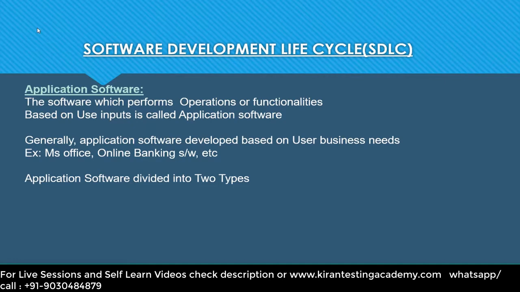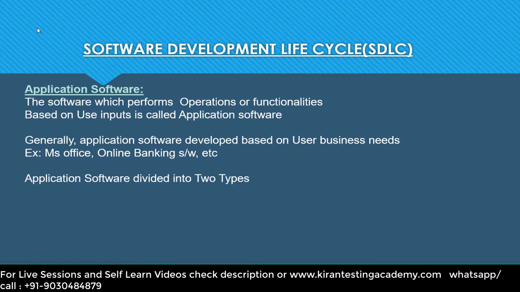A simple calculator application is application software. A banking application is generally developed based on client needs or business needs. The recording software I am using is application software, and the presentation I am giving you on the screen is also application software.